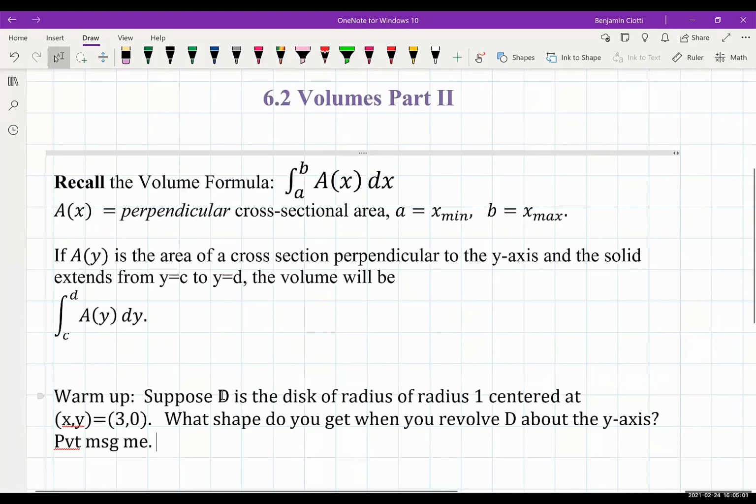D itself is a 2D shape, but when you revolve it in 3 dimensions around the y-axis, you should then get a 3D shape, which I'm asking you to describe. What object that you know and love does it resemble? Private message me. See if anyone's getting it.